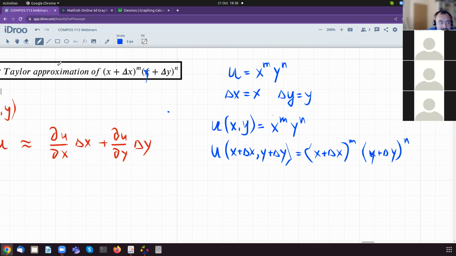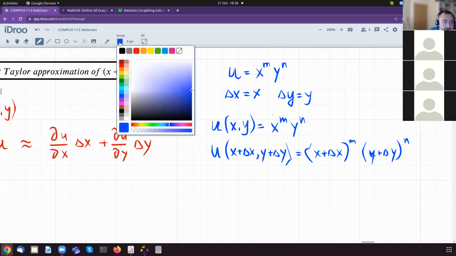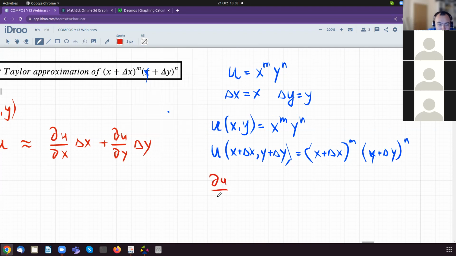So I hope that makes sense. Now we can find du/dx. So we keep y constant. So it's going to be m x to the power m minus 1, y to the power n.